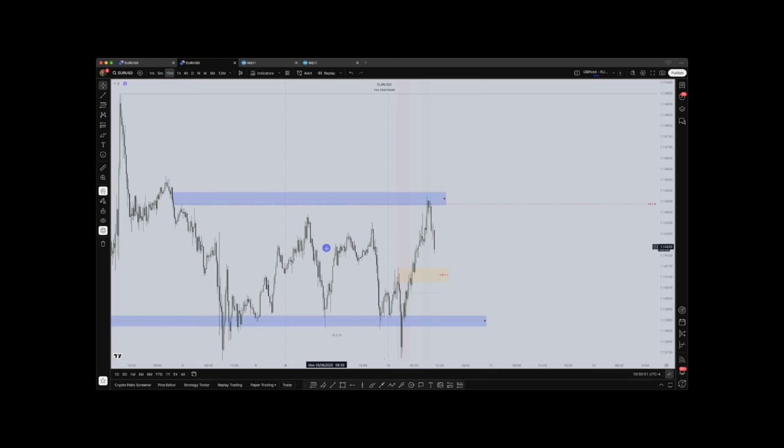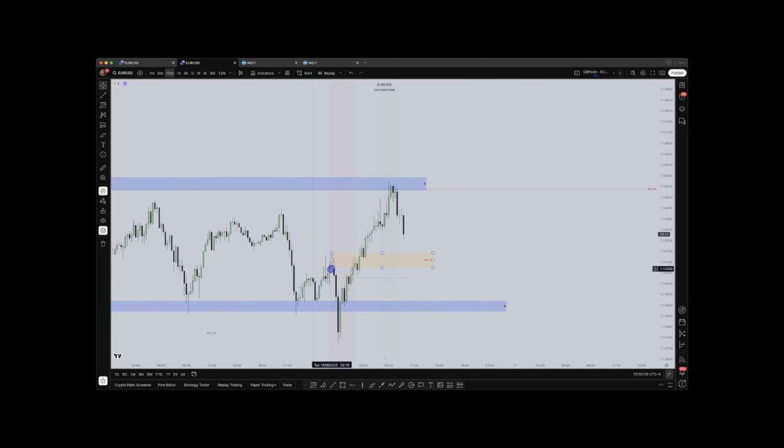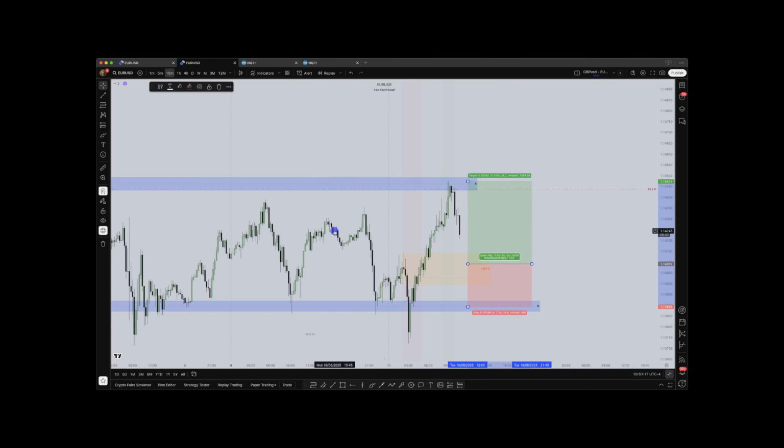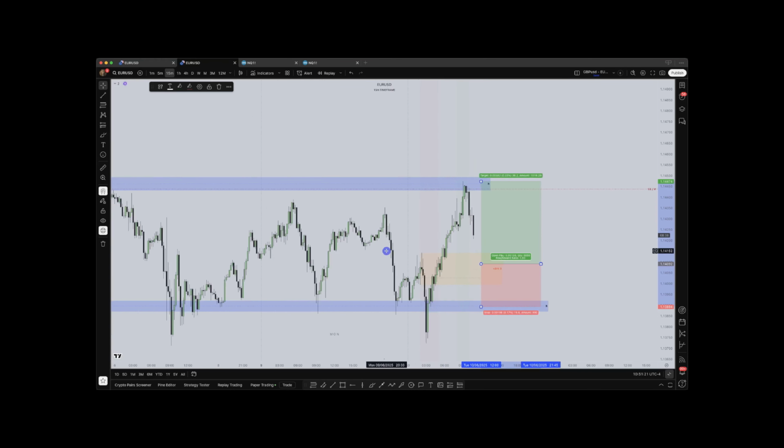If you want to be more conservative, and not so precise, maybe you can do this. You can take all the area of this high. So in all this orange area, you're waiting for a long position. Okay, this is the theory.